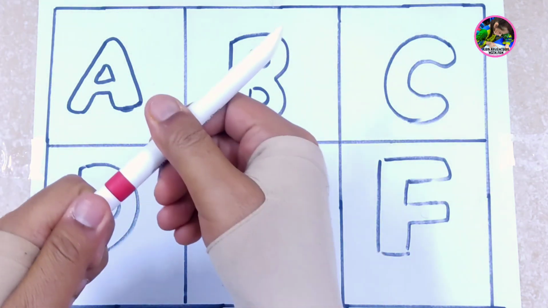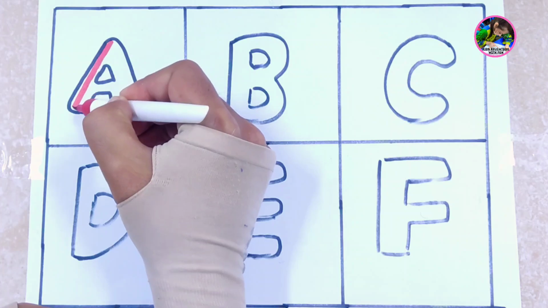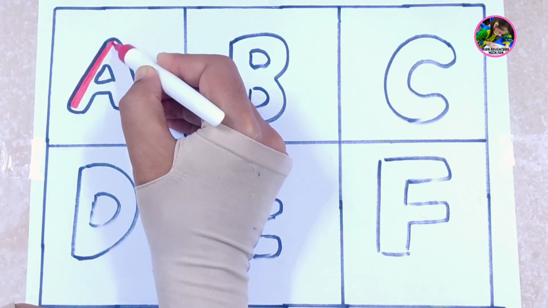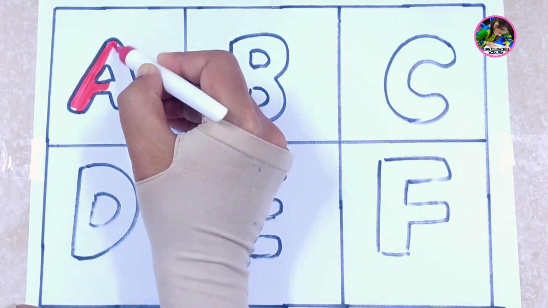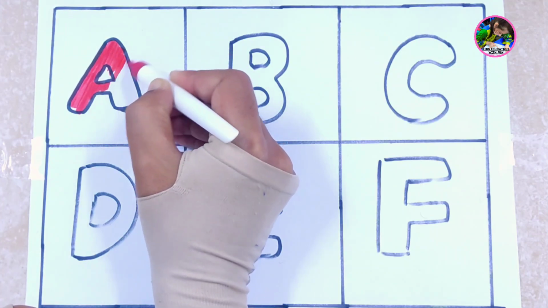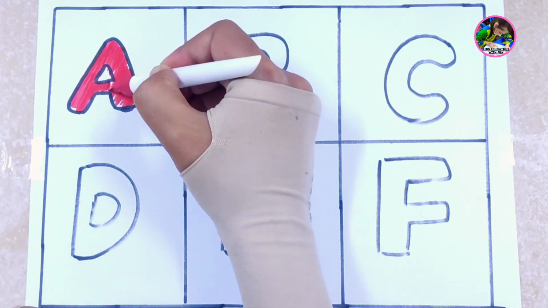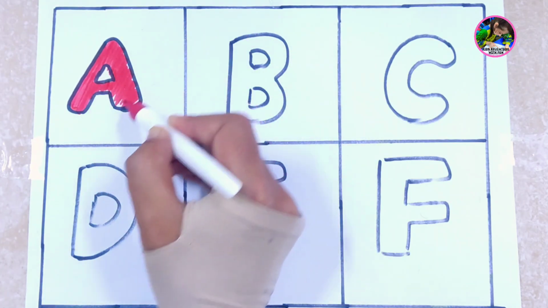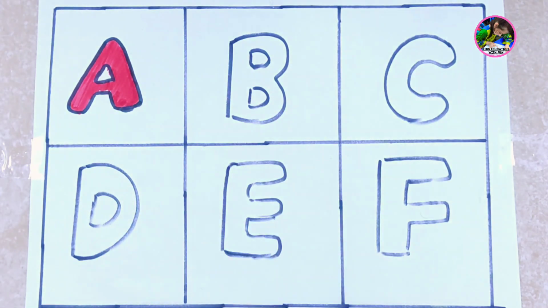Red color, A. A is for apple. The apple is red in color.